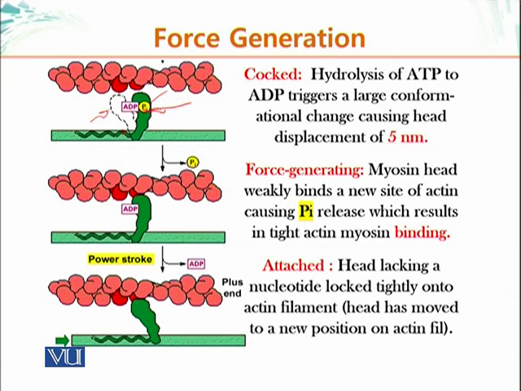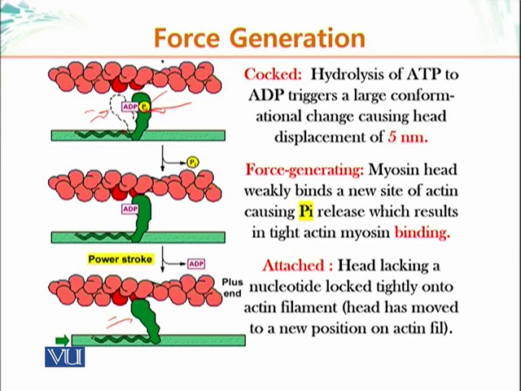In the next stage, ADP has also left the myosin head. This head now is locked onto actin tightly, and it snaps back to the original position. Remember, in the previous stage, the head had moved 5 nanometers in the forward direction. Now it is again in a low energy configuration, if you want to call it.